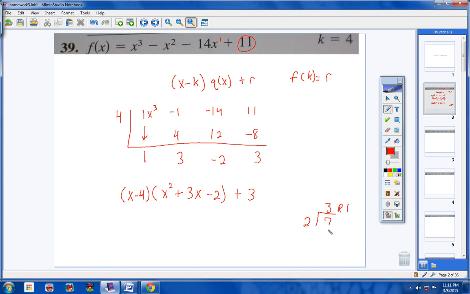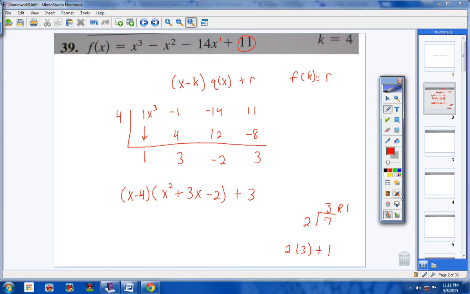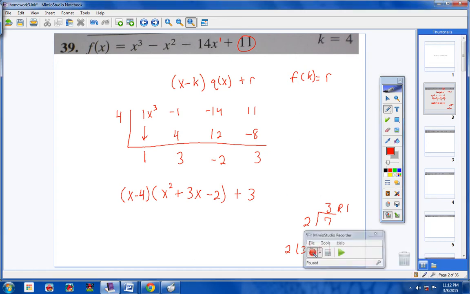Do you see that? So I could take 2 times 3 plus 1, and that would equal my number on the inside, which is 7.